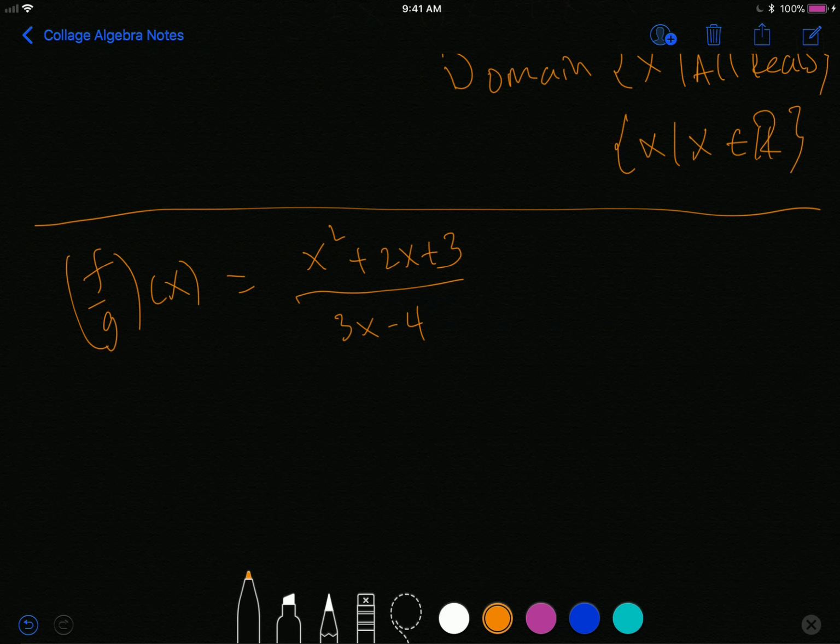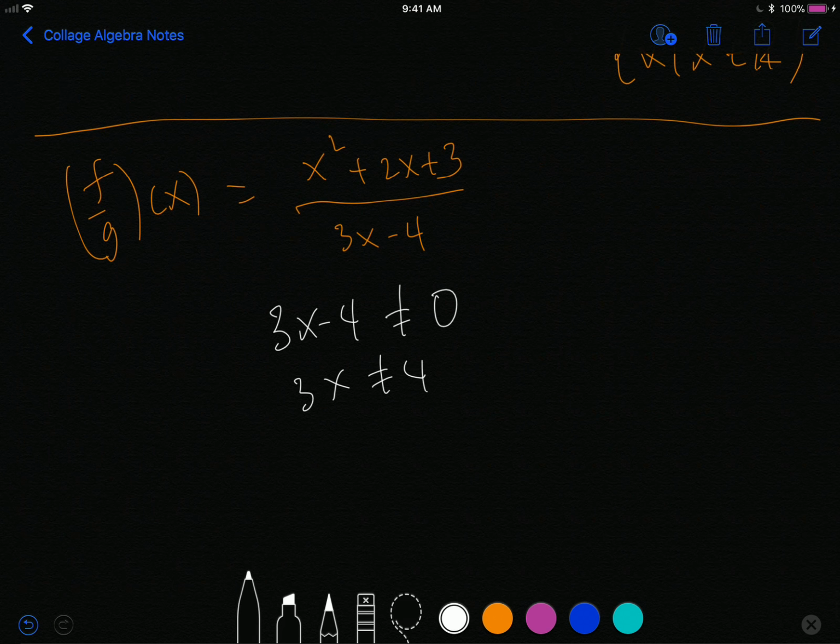However, the domain is more complicated because I have to set the denominator not equal to 0. That's 3x minus 4. That cannot be 0. And so therefore 3x cannot be 4. Therefore x cannot be 4/3.